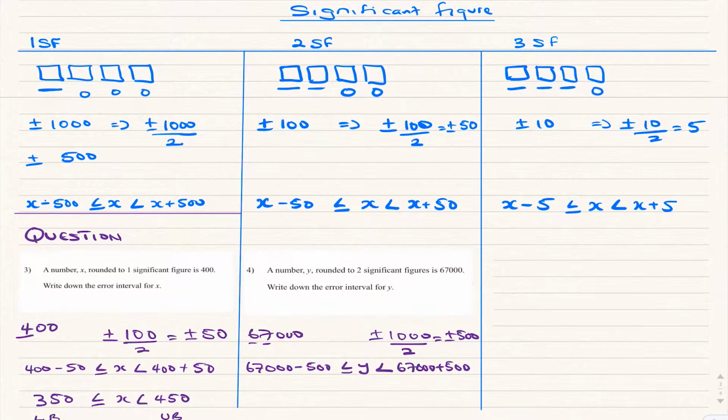So that becomes 66500 for the lower bound, or the smallest possible value for y, which is less than 67500, the highest possible value for y, or you might say the upper bound, and this is the lower bound.